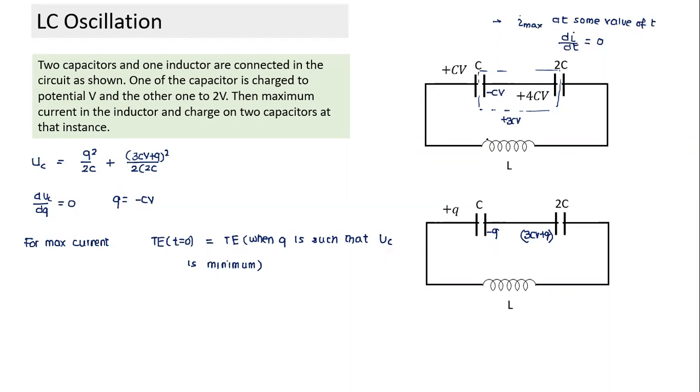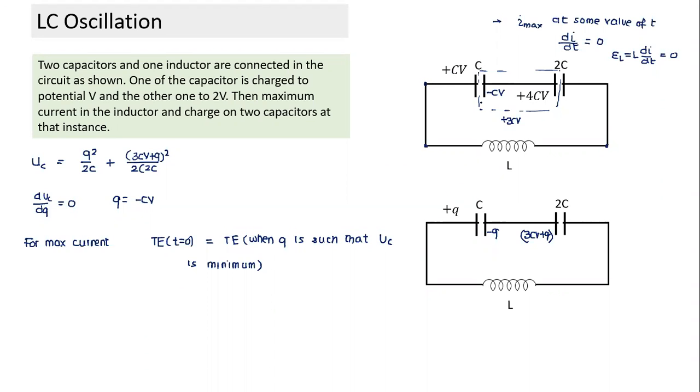If dI by dt is 0, what will be the EMF across the inductor, which is equal to L dI by dt? So what has to be the EMF across these two points? 0, which has to be the same as the EMF across the capacitors put together. Have you followed this point? Yes, sir.